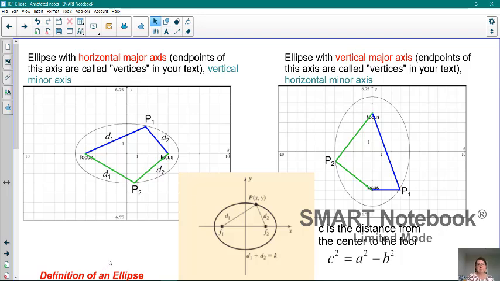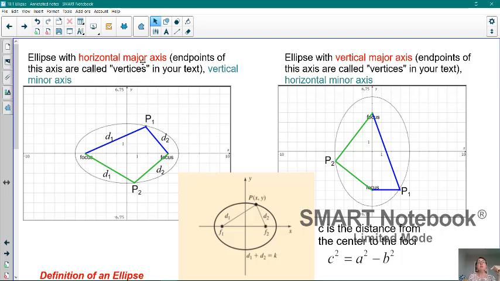We can have an ellipse that is flatter, which we would call a horizontal major axis. Think major, main. The main thing that you would see is its flatness. So it has a horizontal major axis. We could also have a taller ellipse, and that would be a vertical major axis. They won't be the same tall and wide, or else they would be a circle, which is really a special type of ellipse.